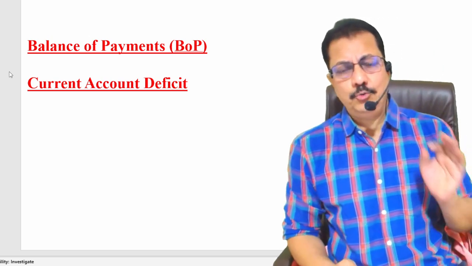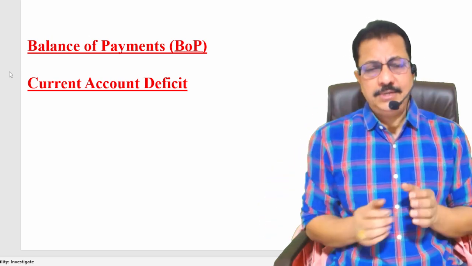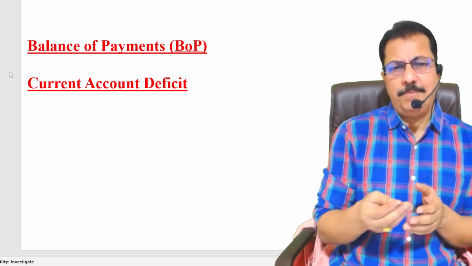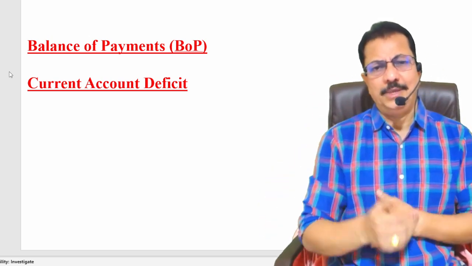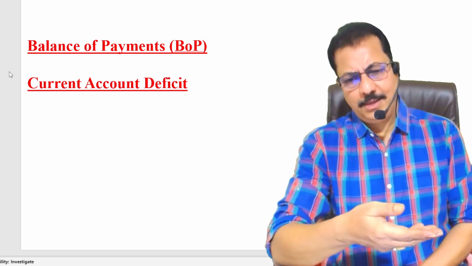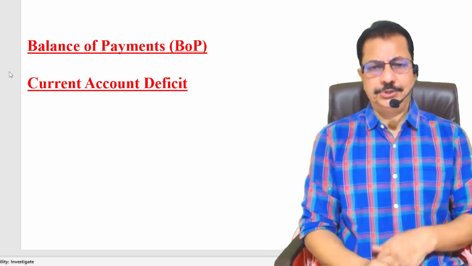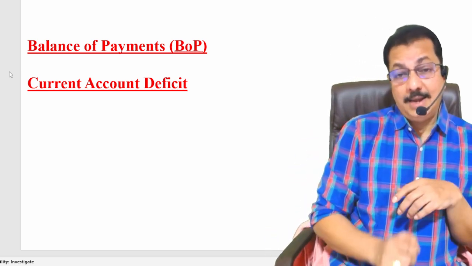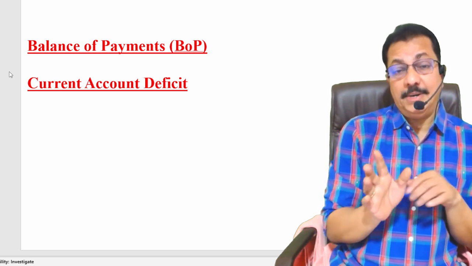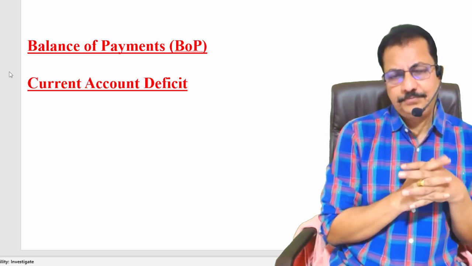But when it comes to my savings account, generally we make some operations, transactions in hundreds or thousands. But when it comes to lakhs and crores, that cannot be done through savings accounts.